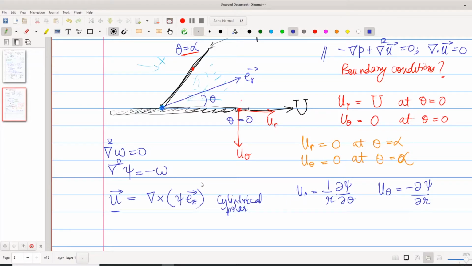Because the curl is operating on a vector which is pointing only in the Ez direction, the curl should not have any uz component. It must necessarily have only ur and u theta components. So the curl of this will yield u r as 1 by r del psi del theta and u theta as minus del psi del r.